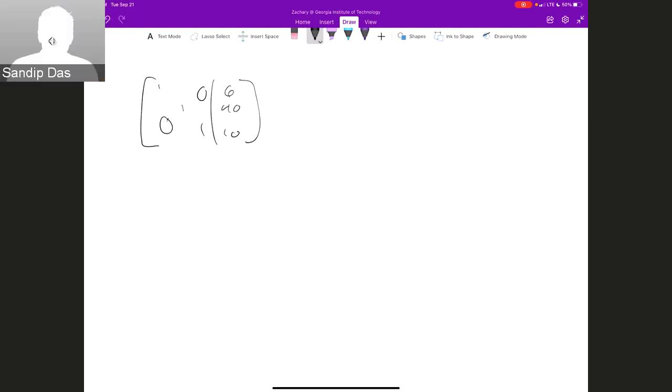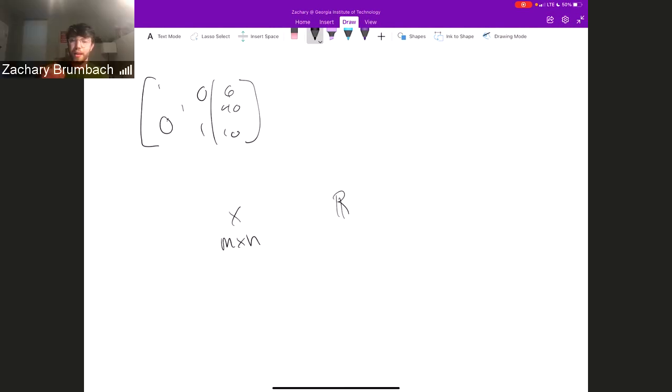So how do you know if it's in R3? Because I know if you have a matrix X that's m by n, row by column, isn't the dimension of R supposed to be n? Does that always hold? The dimension of each vector in the span is n.